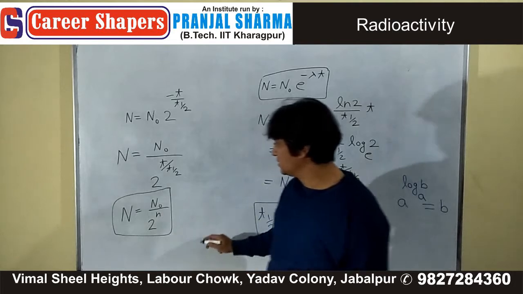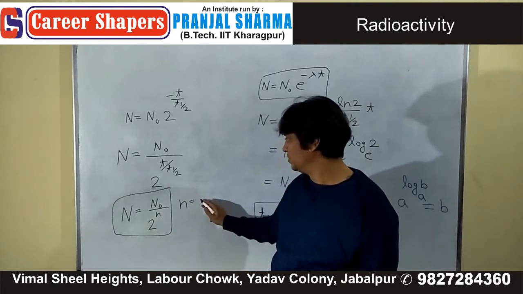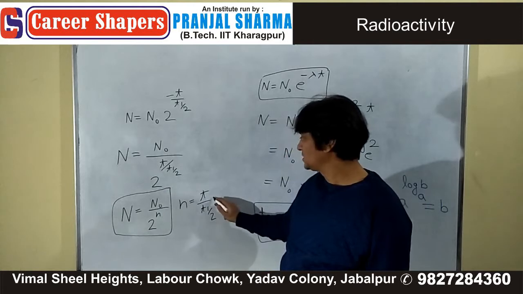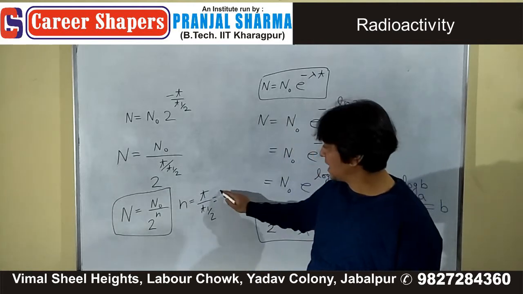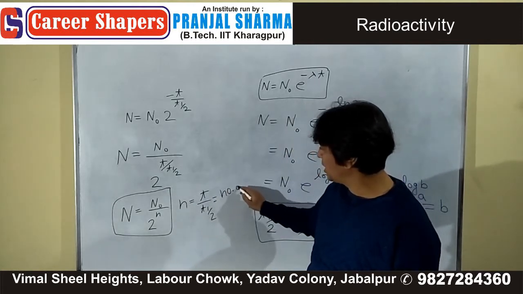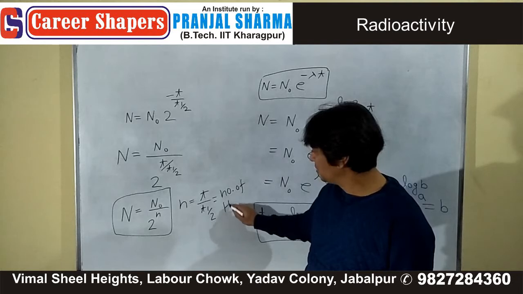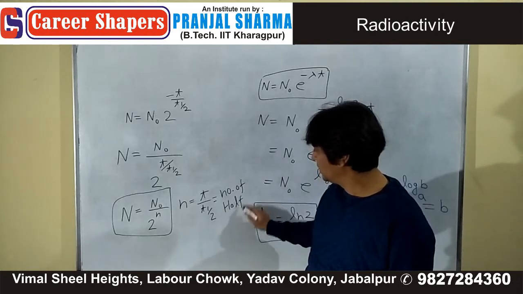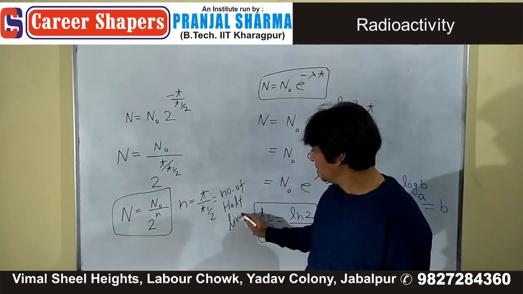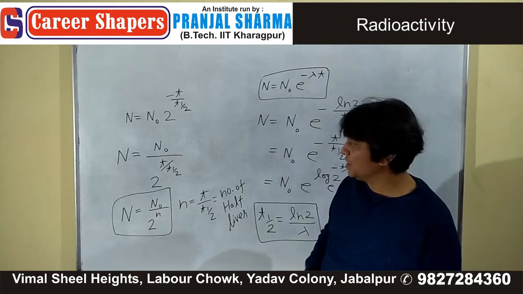What is small n? Small n is equal to t upon t half. This n represents number of half-lives present in time t.